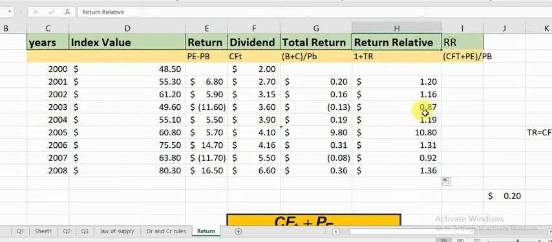But here in 2003, when we compare this returns relative with 1, it is less than 1. So it shows that by investing $1, comparatively, on each dollar we are getting a negative return of 0.13, less than 1.